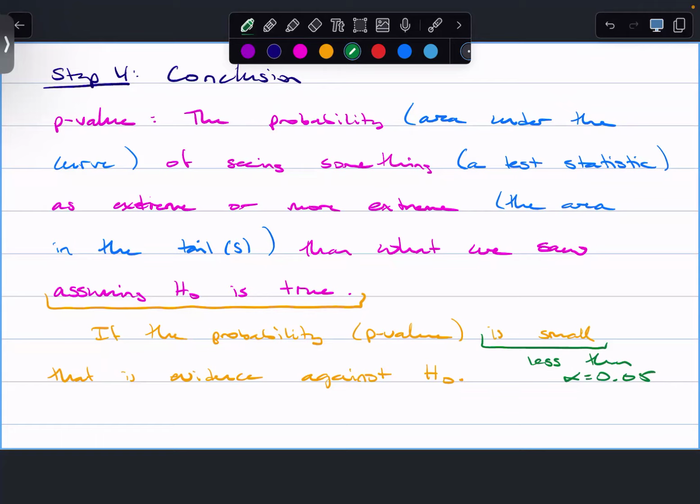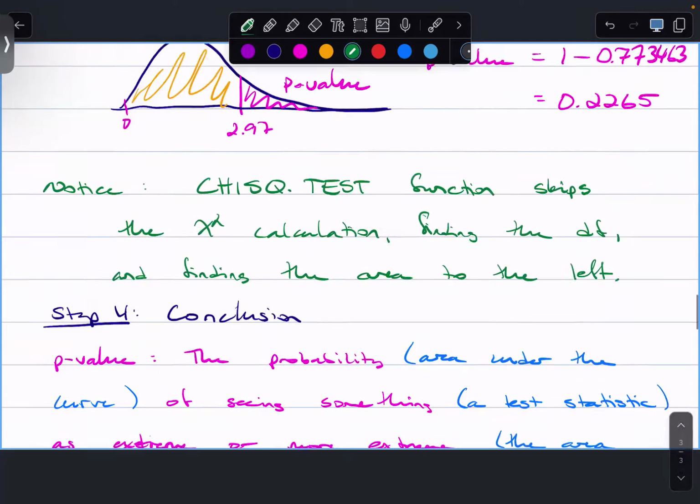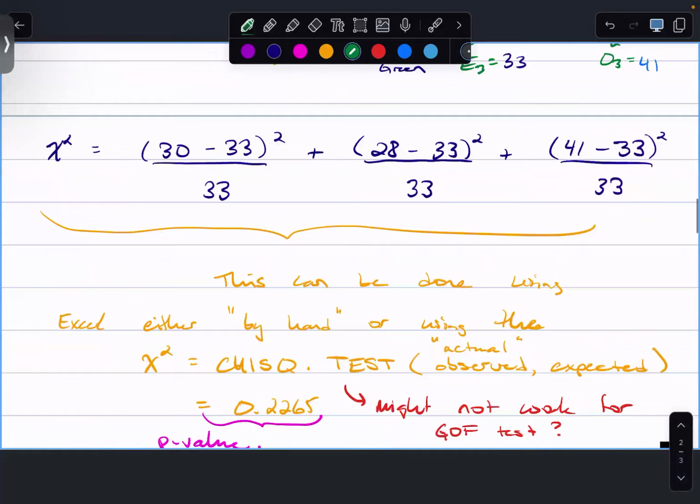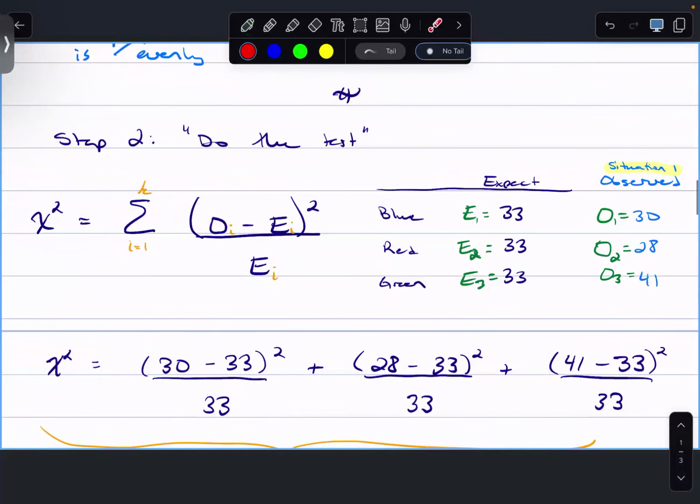In our case, it's going to be the probability that these observed counts follow an even distribution, right? So it's not technically correct, but it is helpful to think of the p-value as the probability that the null hypothesis is true.